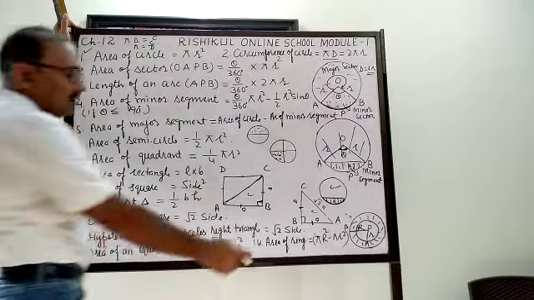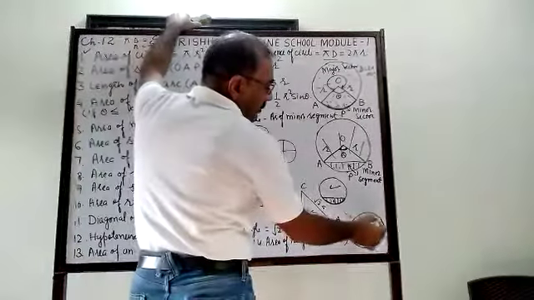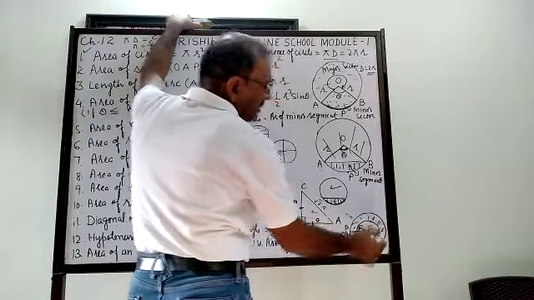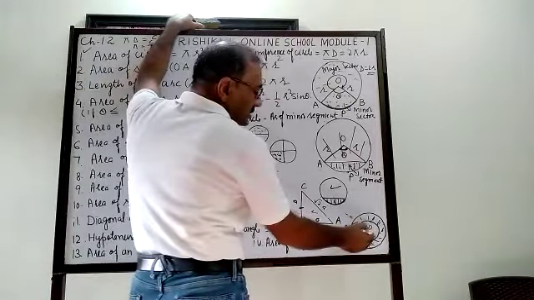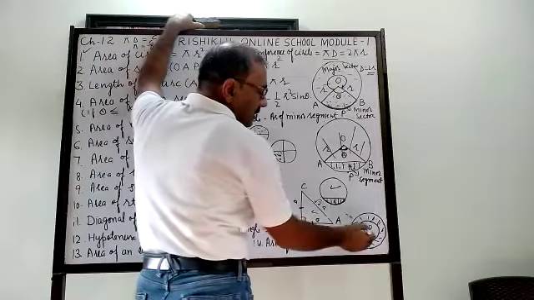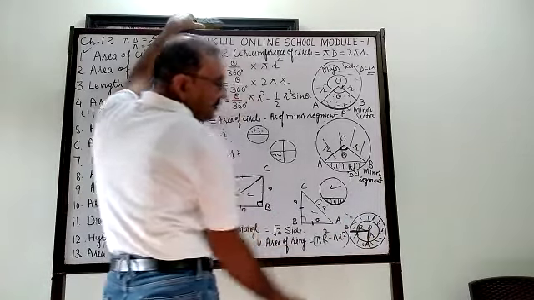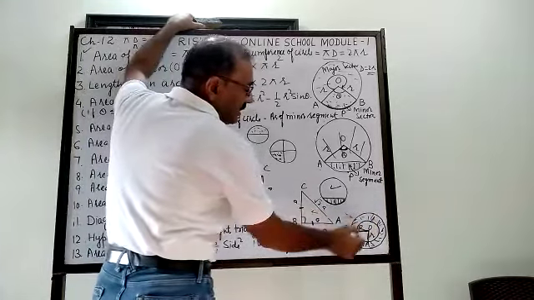And here the area of a ring. This one is a bigger circle and this is the smaller circle. These circles are called concentric circles. If the radius of the bigger circle is capital R and the radius of the smaller circle is small r, then it is a ring. How can you find the area of the ring?